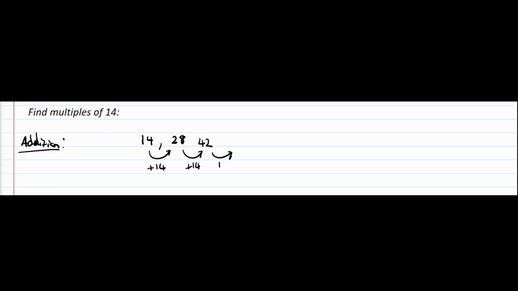And then we'll have to add another 14 again and again. There will be essentially an infinite number of multiples, but you will usually be given a limited number of multiples to find out. So that is one way of finding out multiples, addition and multiplication.